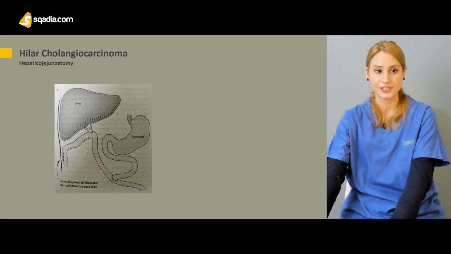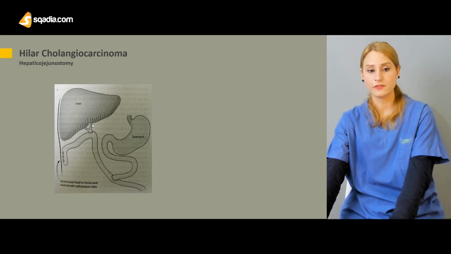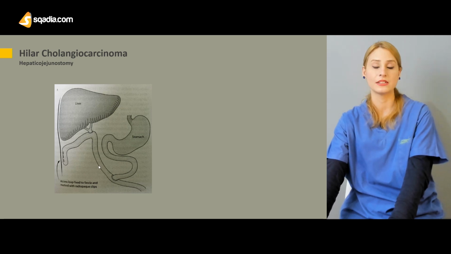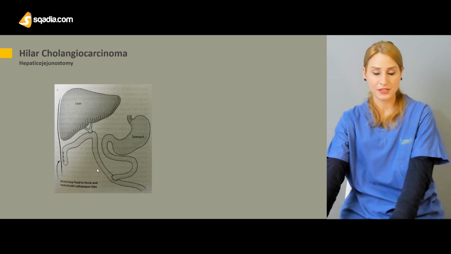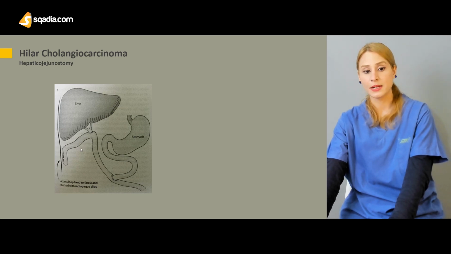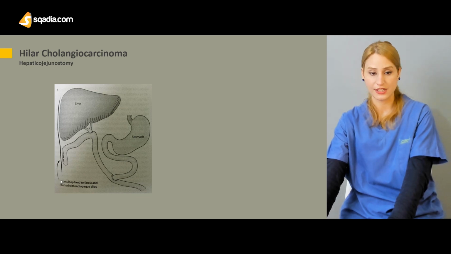For the hilar tumors, this is the confluence, and this is the common hepatic duct. The rest of the part is being resected, along with the duodenectomy. So for the part which is left here, the second part, you do a choledochojejunostomy here.